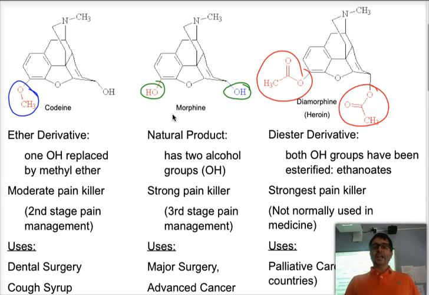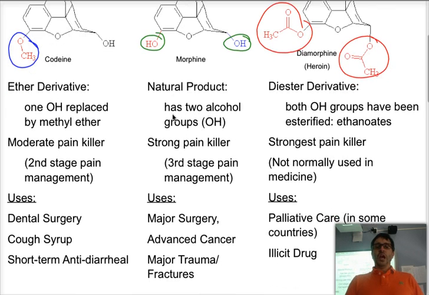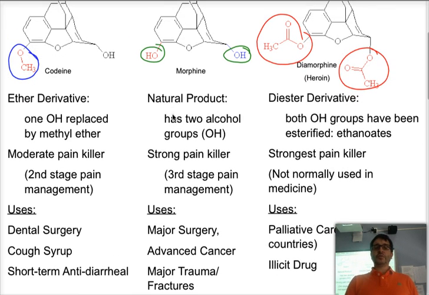Codeine is normally a moderate painkiller. It's used in second stage painkiller management. It's used in dental surgeries, cough syrups, and it's a short-term antidiarrheal. We'll talk a little bit about that in a moment. Morphine is used as a strong painkiller, third stage management. We remember the stages that we were talking about before.